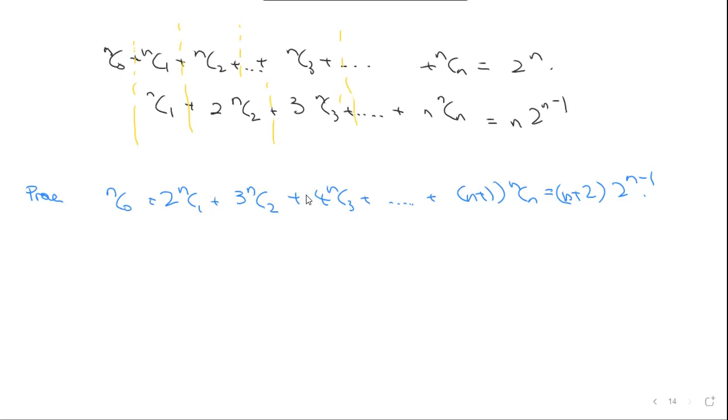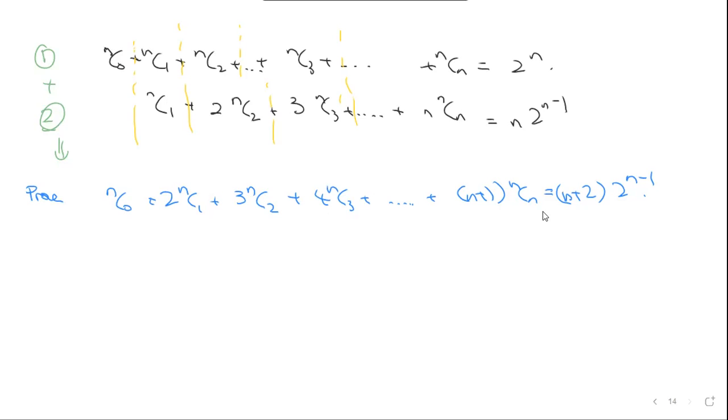In other words, I'm really saying if we take equation 1 and add it to equation 2, we will get exactly what they are asking for, at least on the left-hand side, right? nc0, nc1 plus nc1 is 2 nc1, nc2 plus 2 nc2 is 3 nc2, nc3 plus 3 nc3 is 4 nc3, ncn plus n ncn is n plus 1 ncn.